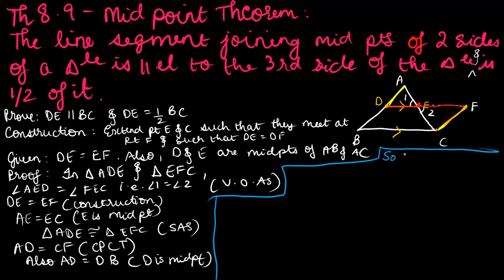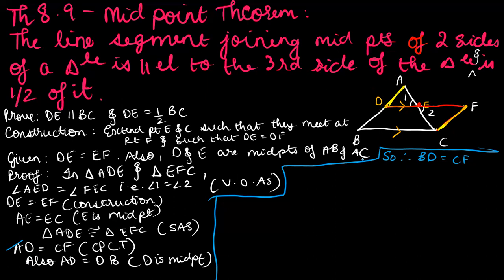Therefore, can I say that BD is equal to CF? How did I arrive at that conclusion? Because AD is equal to CF, and AD is equal to DB, so instead of AD, I can substitute DB there. So that's why I'm able to say that DB is equal to CF.